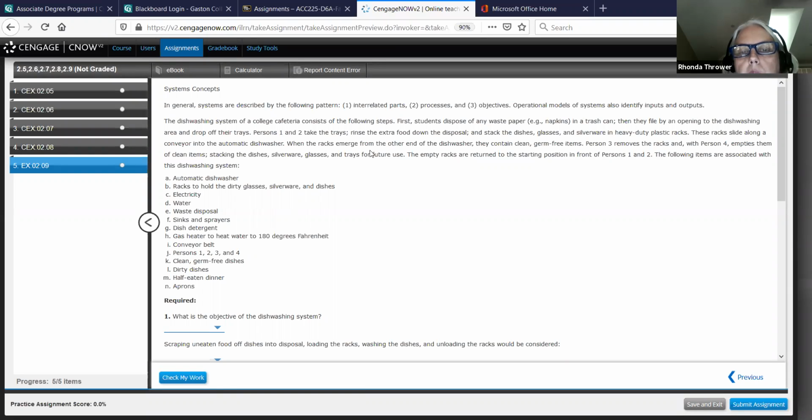When the racks emerge from the other end of the dishwasher, they will contain clean, germ-free items. 3 persons will remove the racks, and with the fourth person, they're going to empty the racks of the clean items. They're going to stack the dishes, silverware and glasses, and trays for a future use. The empty racks are then returned to the starting position in front of persons 1 and 2.